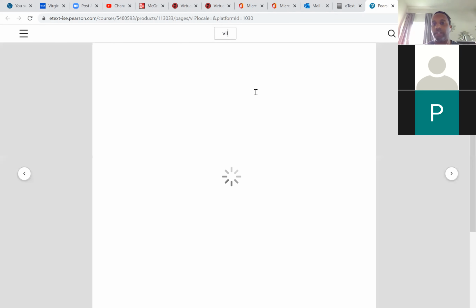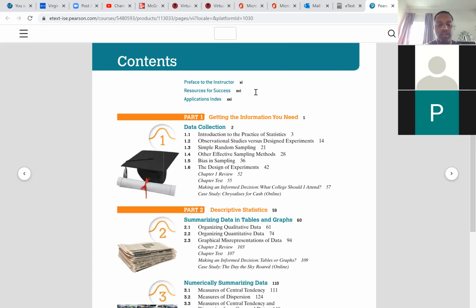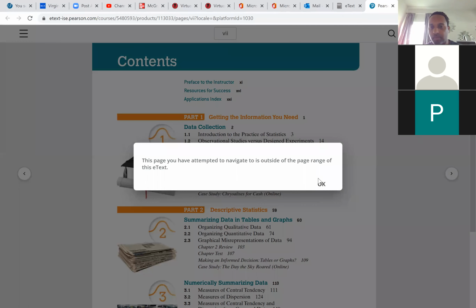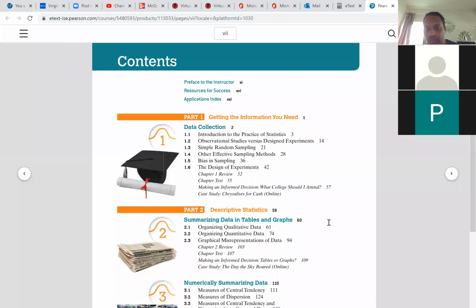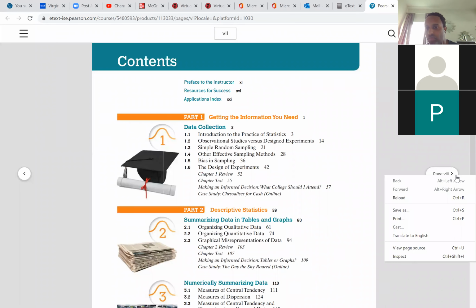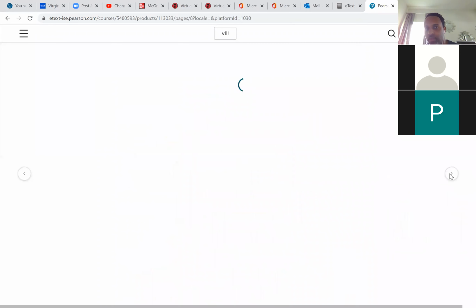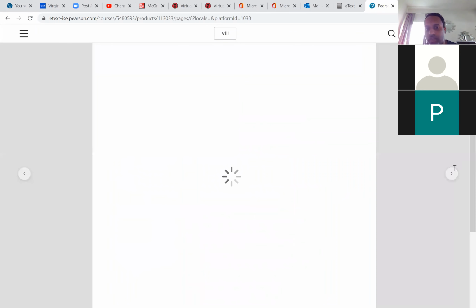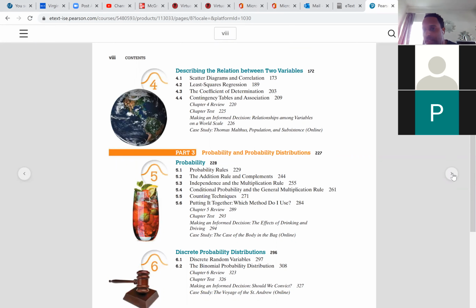All right, so here's our e-text. I think I can type in just A. Nope, that's not good enough. Is it A1? Sorry guys, trying to find this appendix page and how they label it.